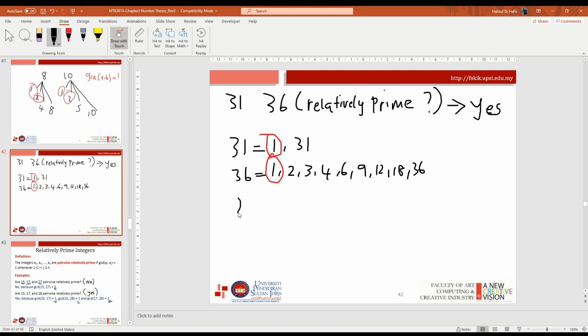For 24 and 36, are they relatively prime?